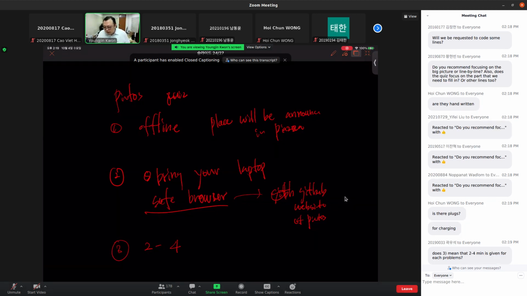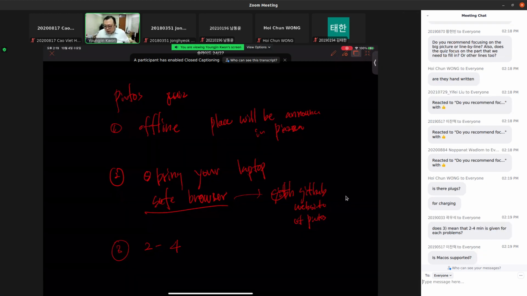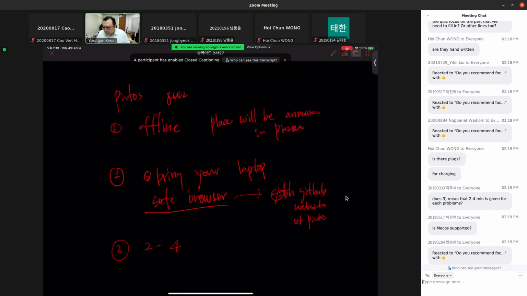Will we be requested to code the same lines? No, code writing is not required. Will you provide the exam questions beforehand? No, I will not, otherwise you become very fixed. Do you recommend focusing on the big picture or line by line?